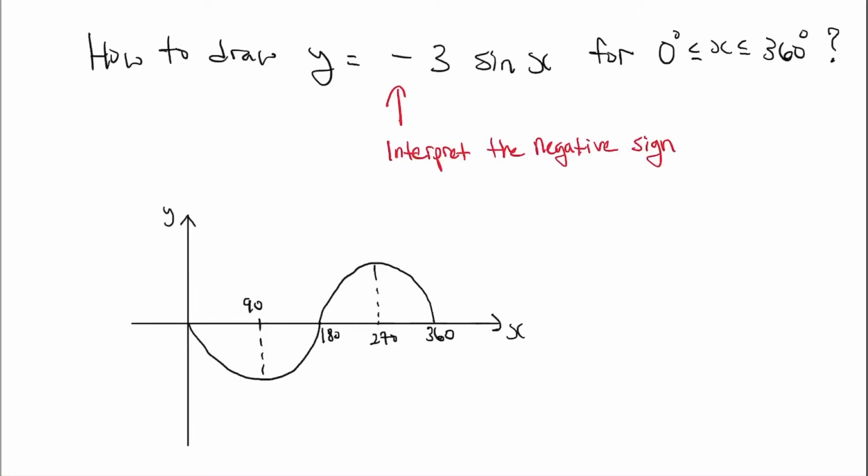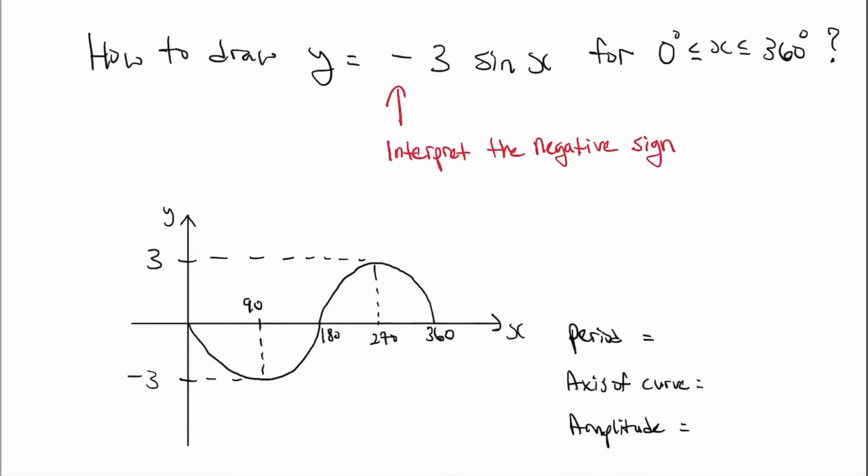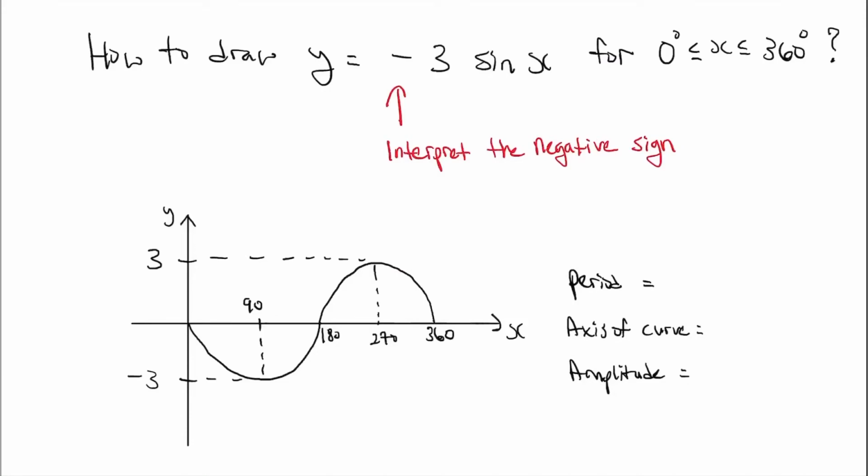The minimum and maximum will be negative 3 and 3. The period is still unchanged, still 360. My axis of curve is still the x-axis.